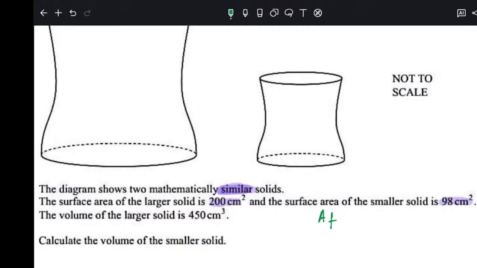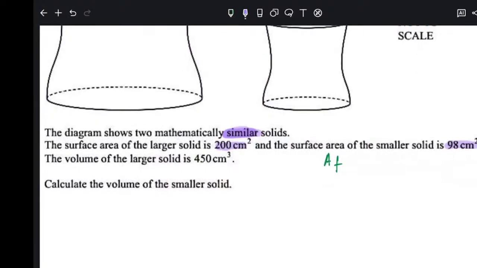Which one has a missing thing? It's the smaller one, because it will have a missing volume. So that means he is going to be alone. So you are going to say area of larger times area factor gives you area of smaller.